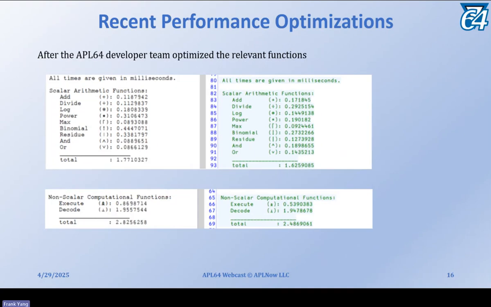After analyzing the APL64 implementation and test data, our team found that the slowdown occurred when the computation results require a promotion from integer to floating point number. After our developer team made the necessary changes to the functions, the profiling result shows the performance of the affected functions was comparable to that of APL plus swing.